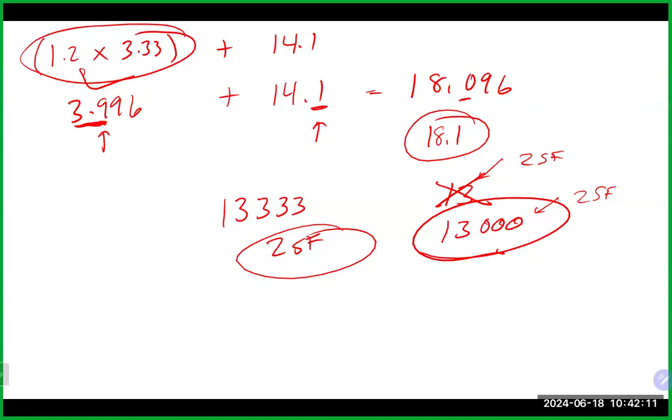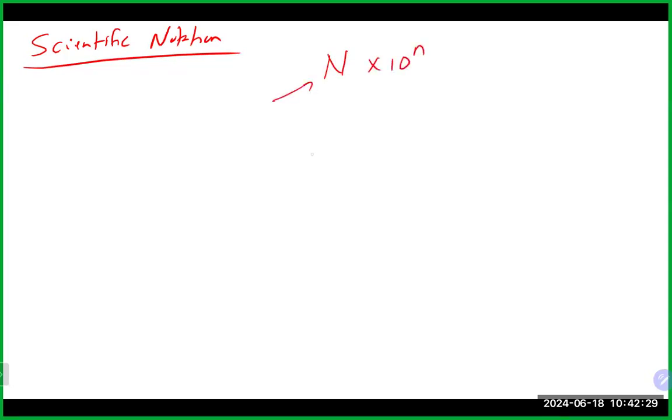Now, speaking of scientific notation, as we talked about, that is oftentimes a way that we handle very large and very small numbers. It does have a general form of N times 10 to the n, this being a number between 1 and 10, this being either a positive or negative value.